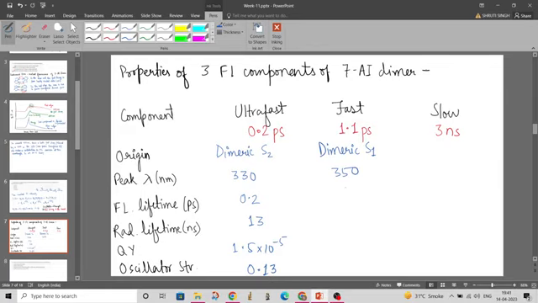Its radiative lifetime more, quantum yield more, but the oscillator strength was less. And the slowest component, it was originated due to the tautomeric form.